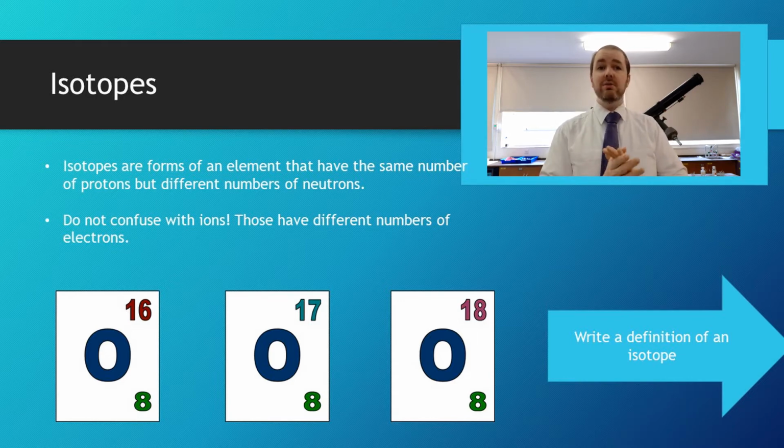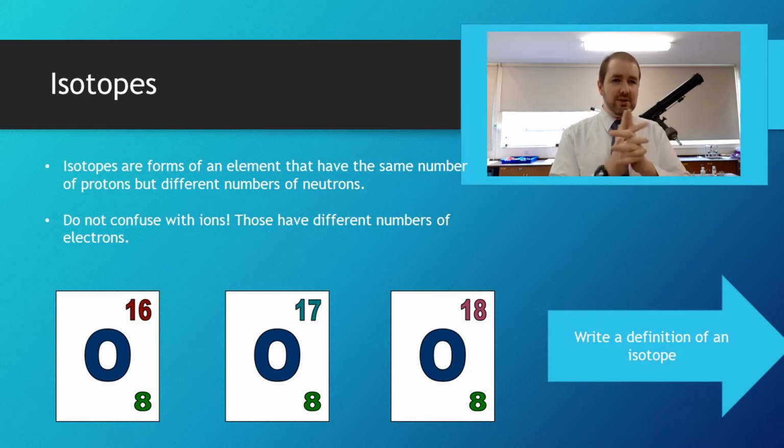Now you don't want to confuse an isotope with an ion. An isotope has different numbers of neutrons, and honestly it makes very little difference in terms of chemical interactions. An ion has different number of electrons, and that has drastic implications for how it operates in chemical molecules. So there we go.